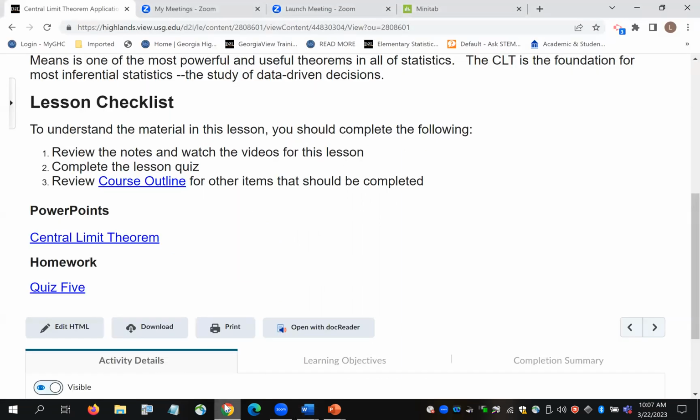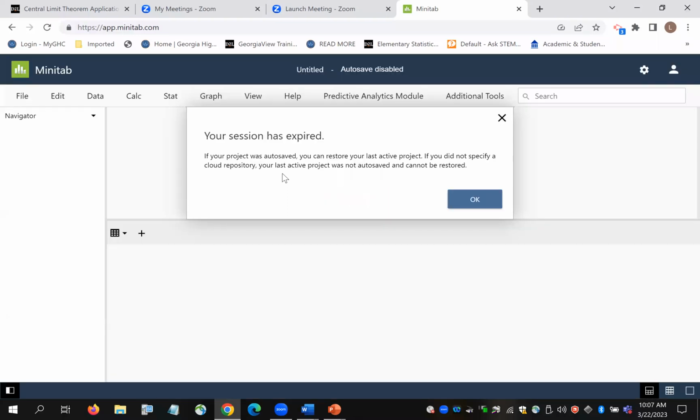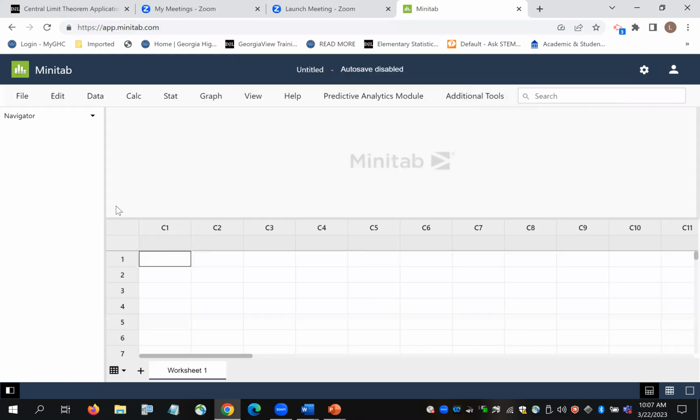So I'm going out to Minitab. It's probably gone to sleep, so I'll have to wake it up. Giving it just a minute to wake up. Again, you're going to use the same keystrokes as Monday for the normal distribution.